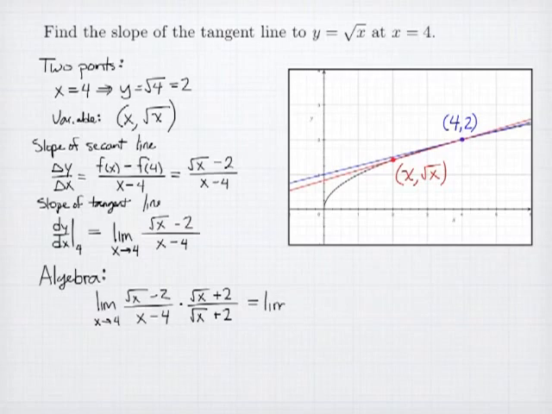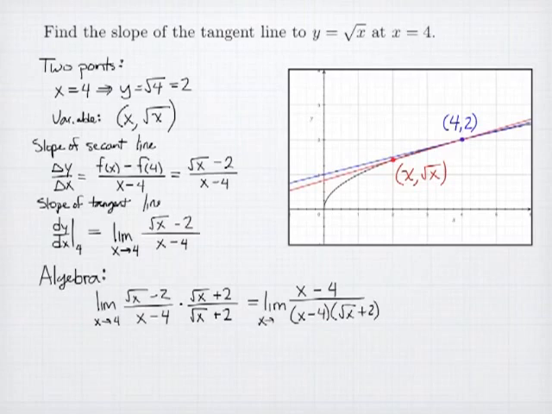And this algebra allows us to rewrite the top using FOIL, or distributing everything out. Square root of x times the square root of x is x. The outer terms are 2 square roots of x. The inner terms are negative 2 roots of x. They cancel, and I get x minus 4 divided by x minus 4 times square root of x plus 2.